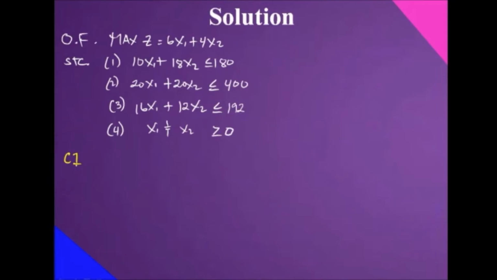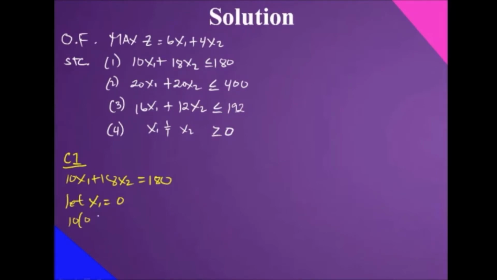So, C1. Ang ating equation for C1 is 10 x sub 1 plus 18 x sub 2. Equate na natin yan to 180. Hindi na tayo gagamit ng inequality para masagad kaagad natin sa 180. Then, let x sub 1 equals 0.